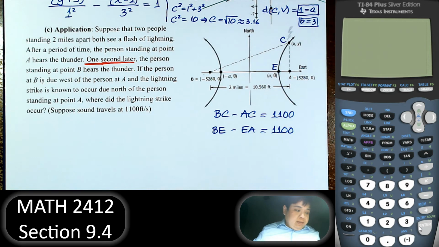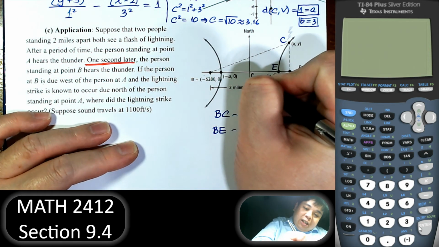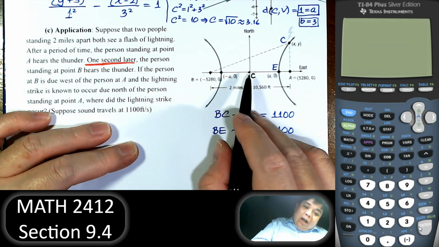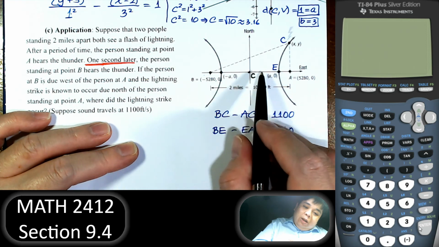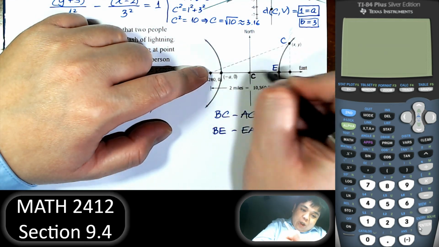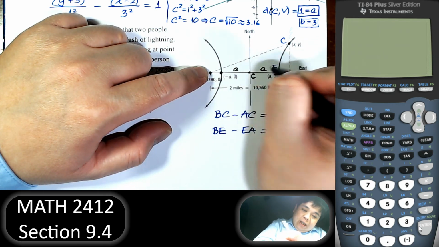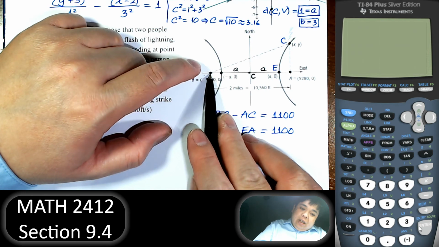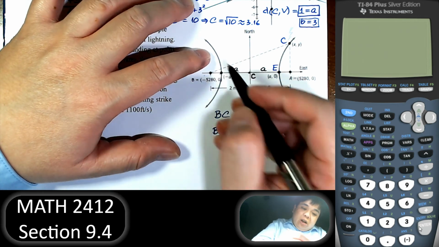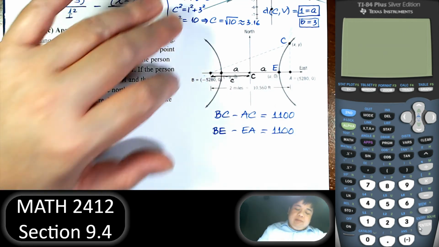Now BE, if we have the center here, from the center to the vertex it's going to be a, and from the center to B, to a focus, it's going to be little c.